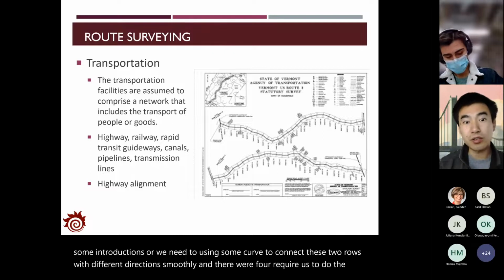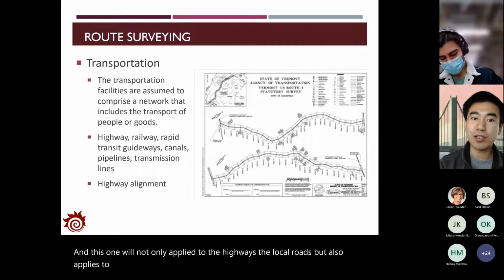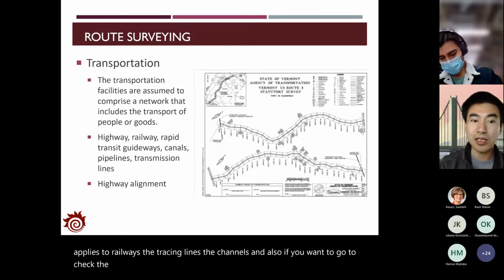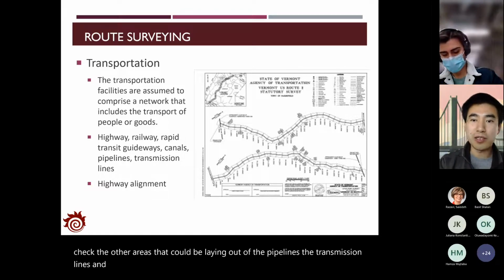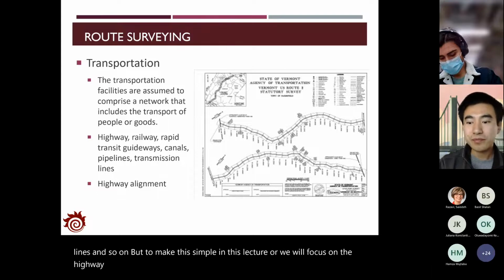This applies not only to highways and local roads, but also to railways, transit lines, and canals, and there could also be laying out of pipelines, transmission lines, and so on. But to keep it simple, in this lecture we will focus on the highway curve alignment.